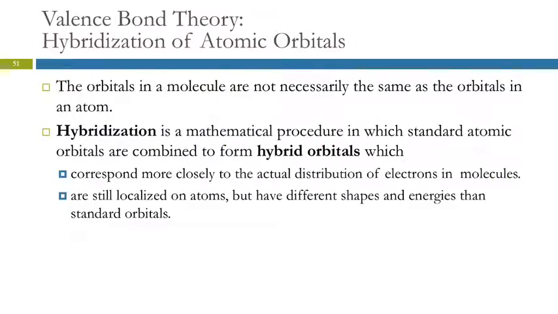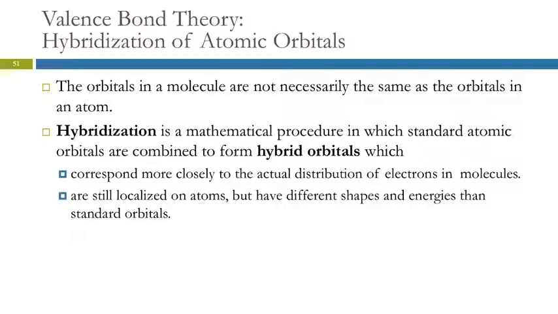Okay, so atoms have these orbitals, right? But what's to say that those orbitals maybe get changed a little bit when it interacts and becomes part of a molecule. So we call this hybridization. The orbitals are mathematical functions, and you can combine the mathematical functions.